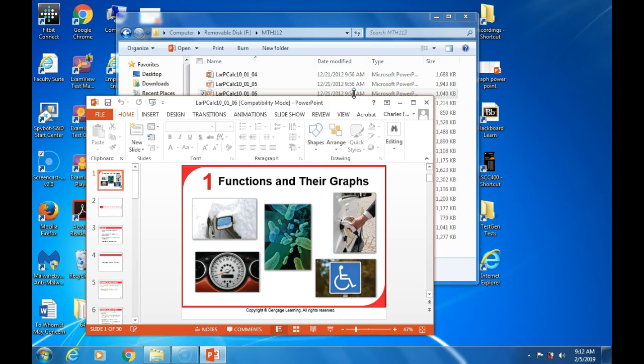Perfect. Number 3, a function f is blank on an interval when for any x1 and x2 on the interval such that x1 is less than x2, that implies that f of x1 is greater than f of x2.